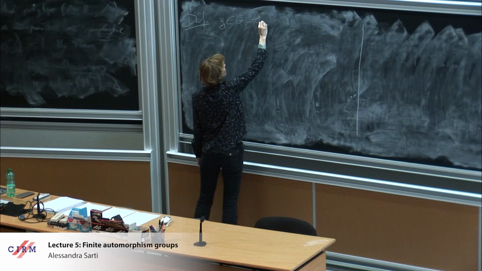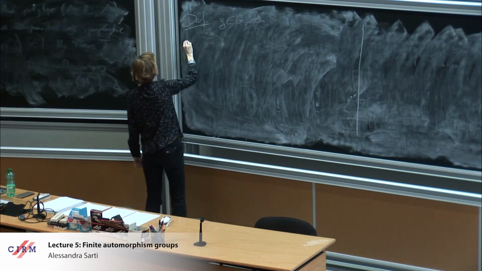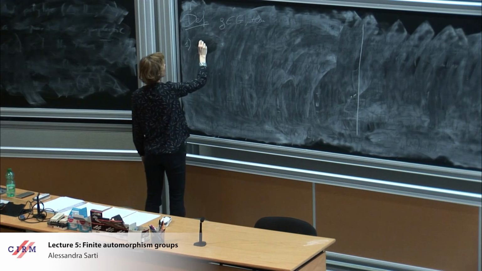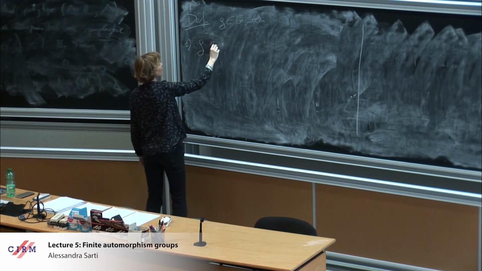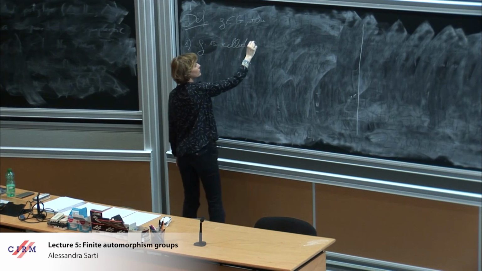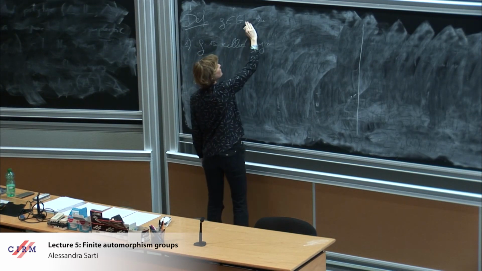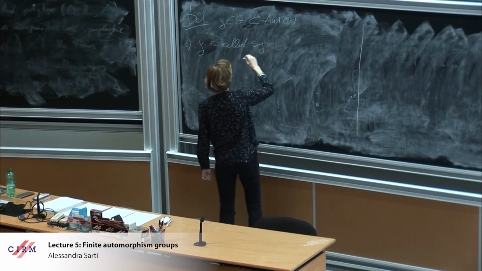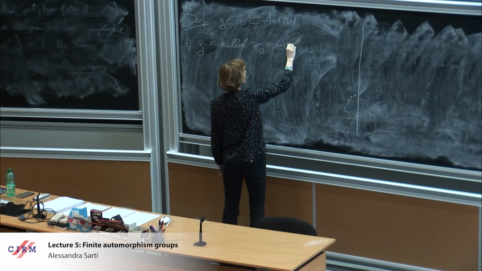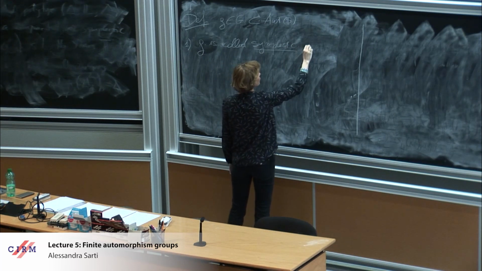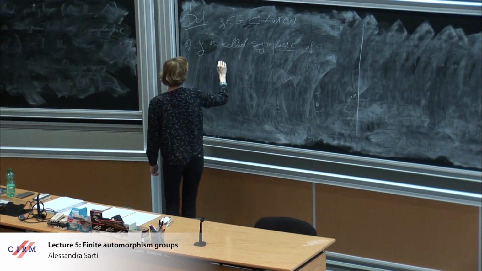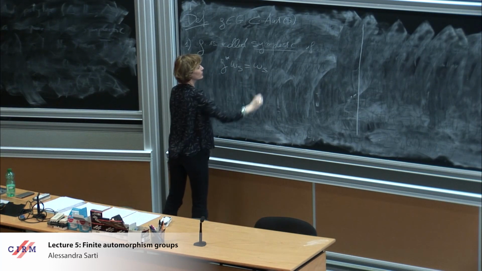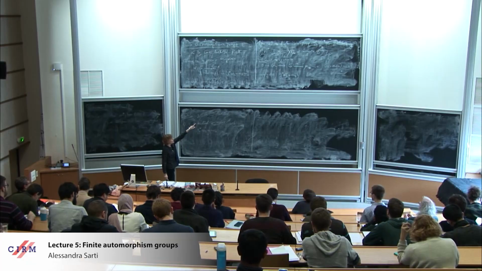First, g in Aut S is called symplectic if the action of g on the two-form is identity. So this means that g is in G0 in that notation.